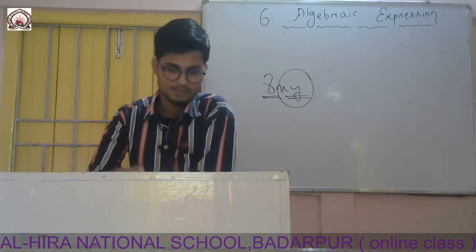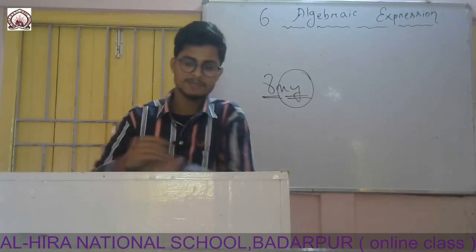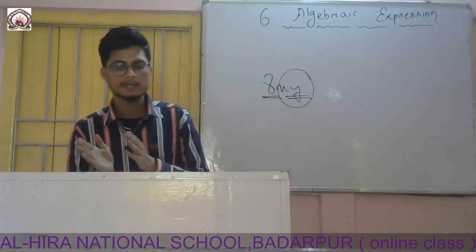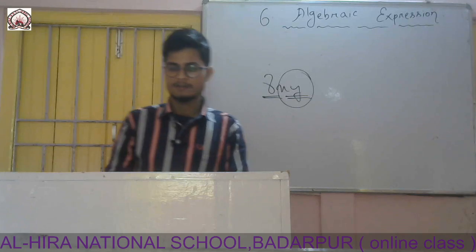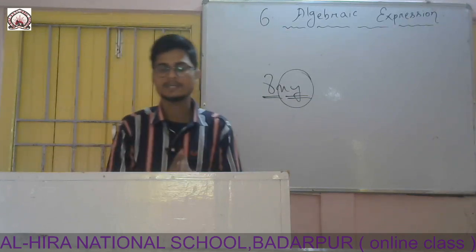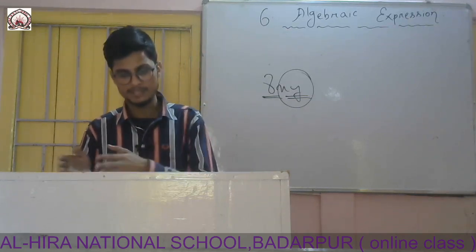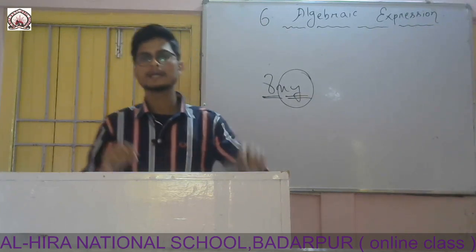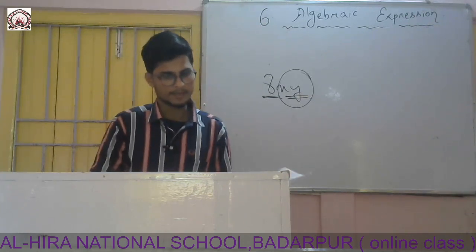So the first question is identify monomials, binomials, trinomial from the following expressions. First of all, let me explain what is a monomial expression, what is a binomial expression, what is a trinomial expression. Okay.